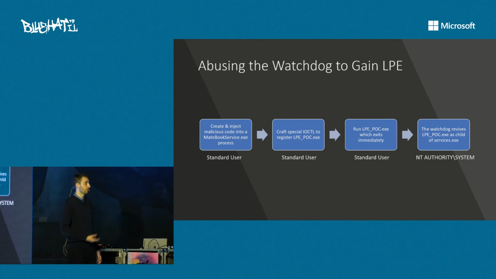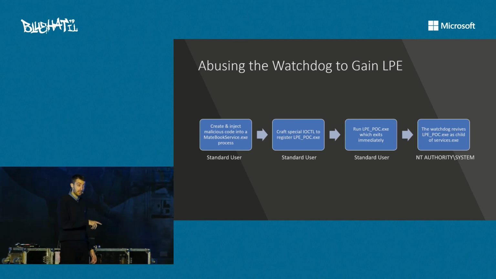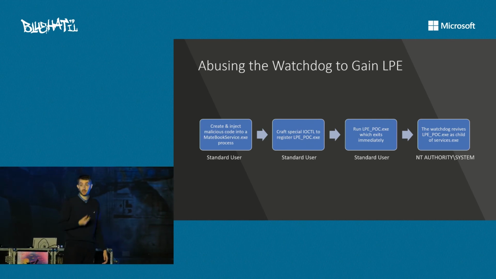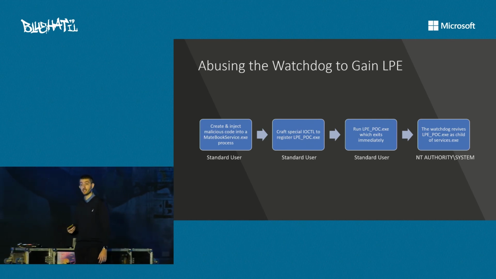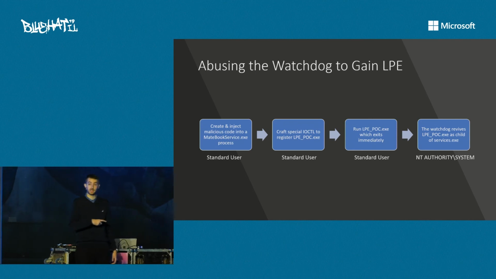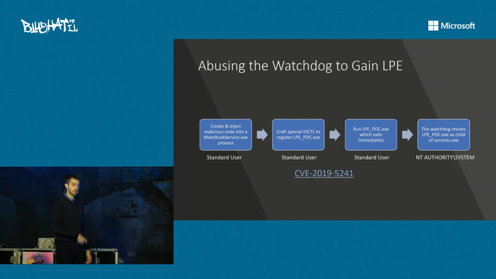Then we run LPE POC and exit immediately. Why? So that the watchdog will revive it as a child of services, hence inheriting services' primary token with local system permissions. And that is, ladies and gentlemen, the privilege escalation we found.